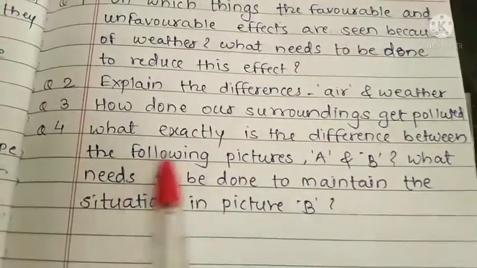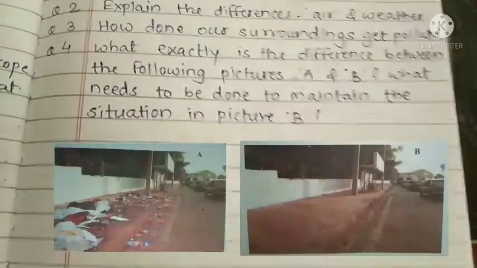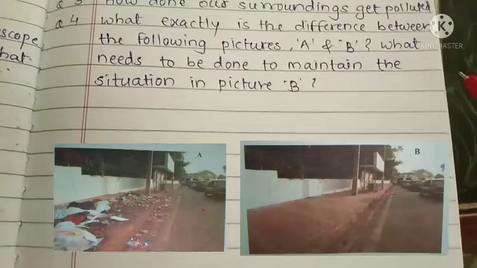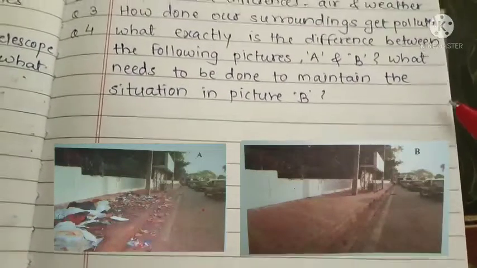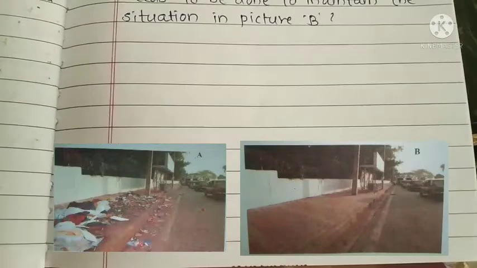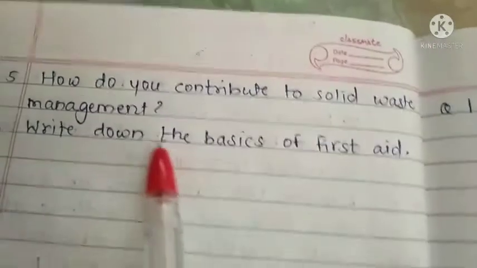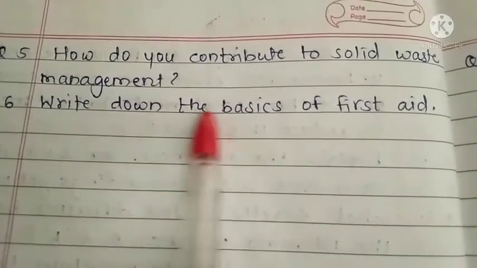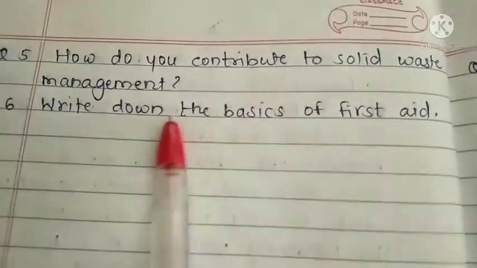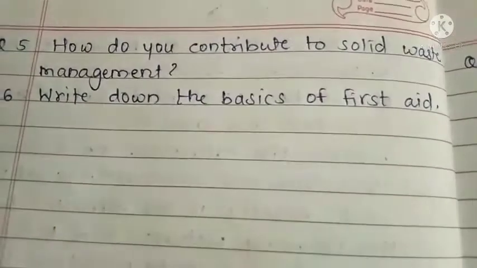Question 4: what exactly is the difference between the following pictures A and B? What needs to be done to maintain the situation in picture B? Question 5: how do you contribute to solid waste management? Question 6: write down the basics of first aid.